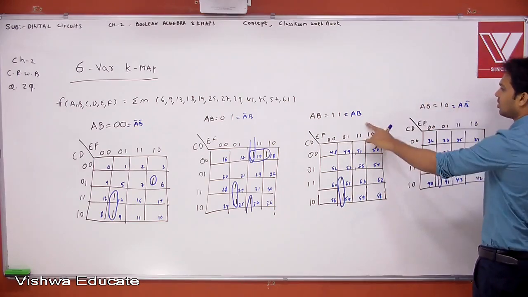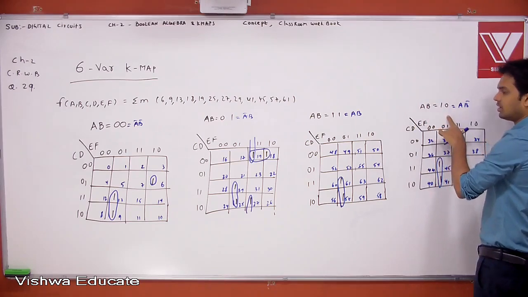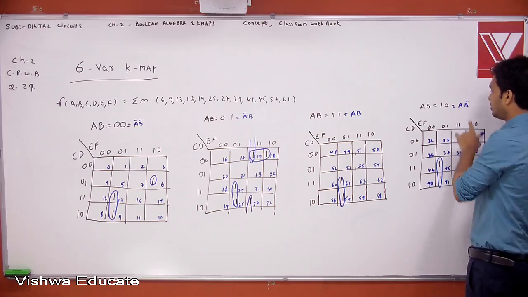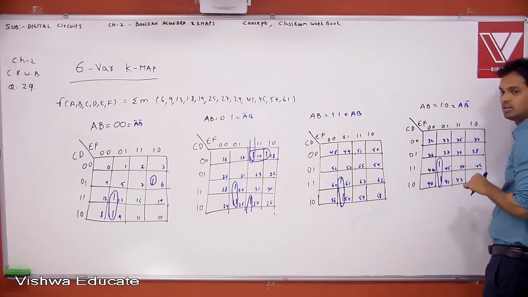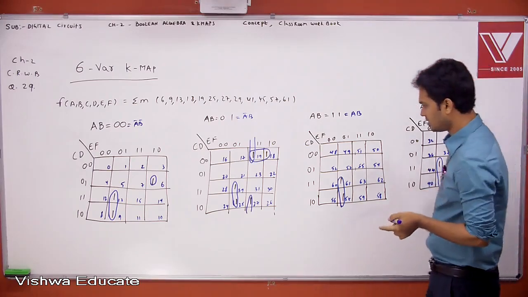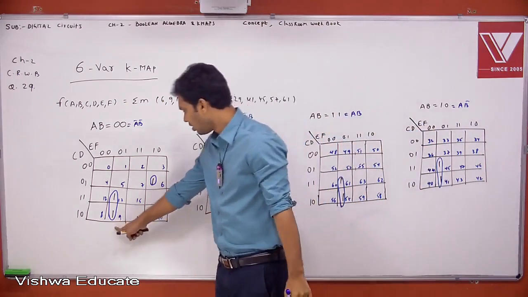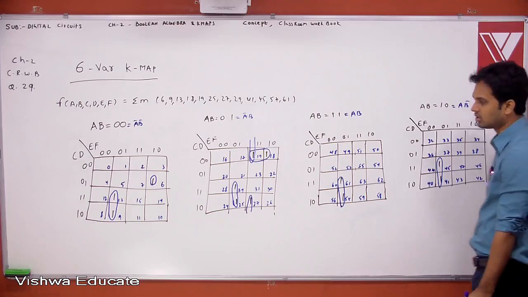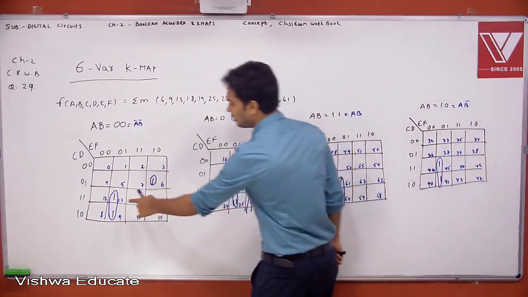If you take anything common here and here, you can take A and neglect the B. Last and first, you can take B bar common and neglect A. So here, firstly, this particular pair is common in all the 4 K-maps. So what is the answer for this?